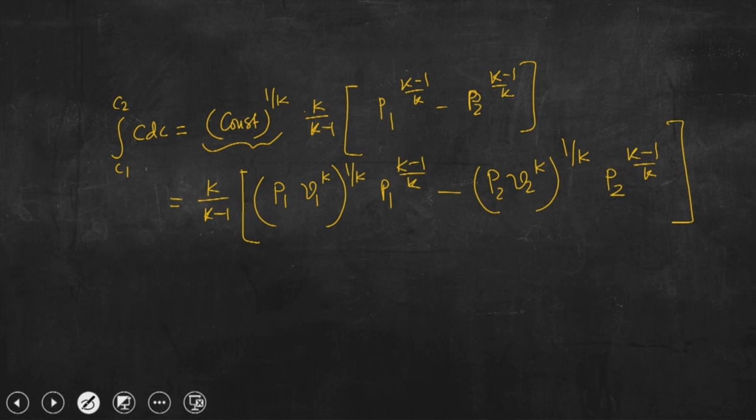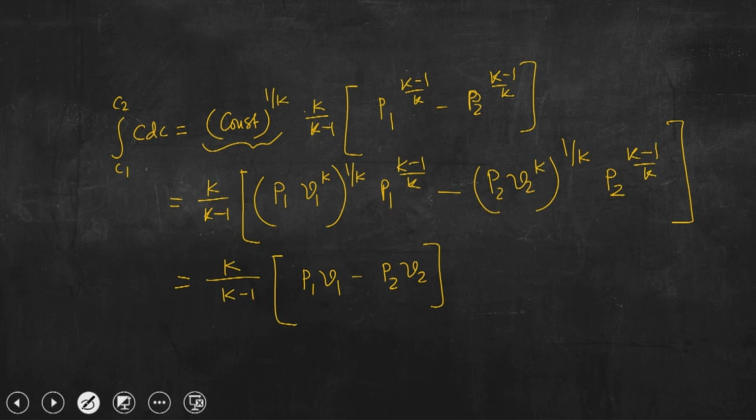What we can write? This is nothing but k by k minus 1 into P1 V1 minus P2 V2. Here V1 and V2 are the specific volumes at section 1 and section 2 respectively of the stream that is flowing. So, this is very easy.